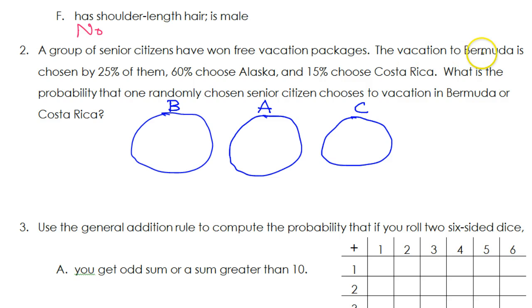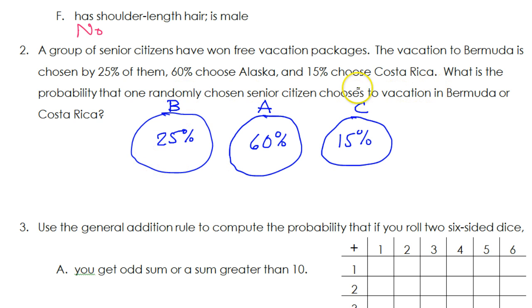All right, Bermuda, so 25% of them chose Bermuda, 60% for Alaska, and 15% for Costa Rica.